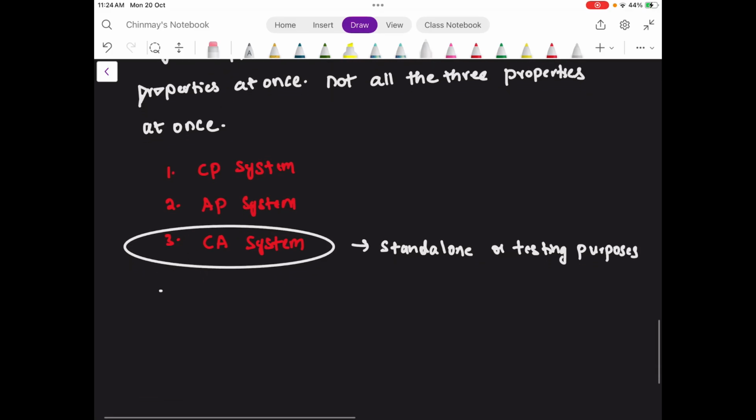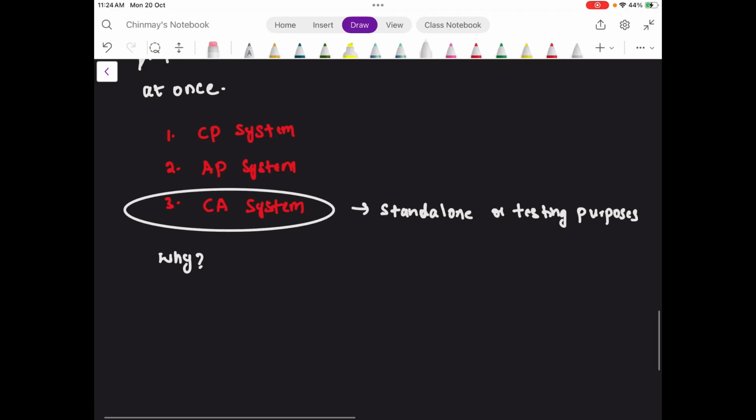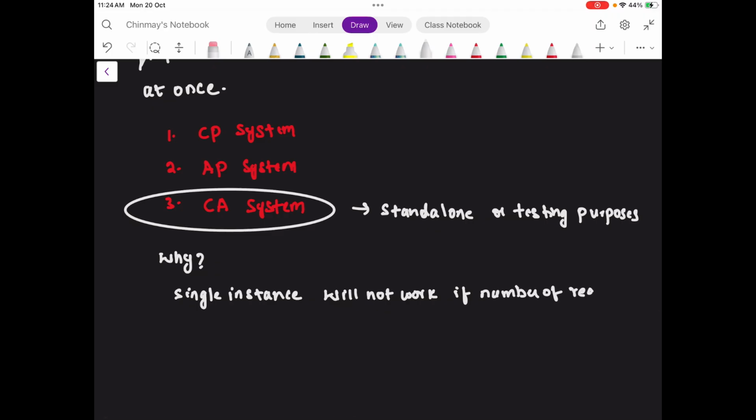Okay, why? We already discussed the reason. If your application has a single instance, it will not scale if the number of requests increases.